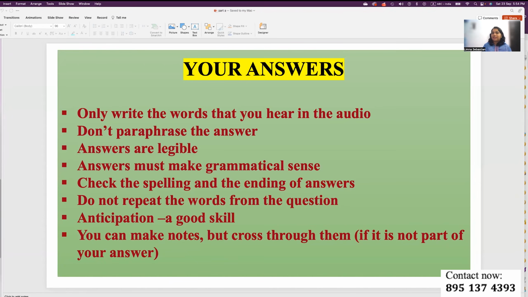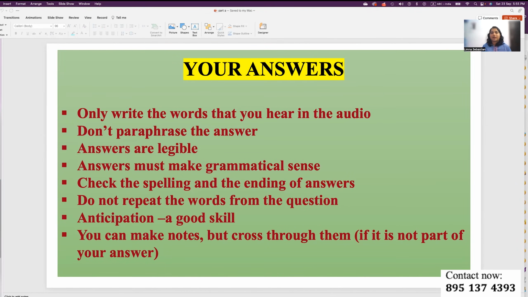Okay, do not repeat the words from the question. For example, in our one question, it's written "last winter." So our answer is "winter." Already in the question there is "last." Again, because we are tense and in a hurry while writing, we write "last winter" again.